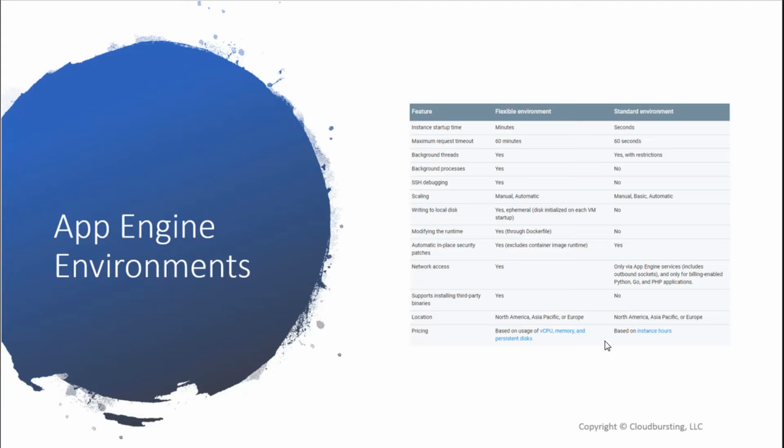With App Engine, you want to check this at the time of viewing the course and setting up App Engine, because this stuff can change pretty quickly. The maximum number of services and versions you can deploy depends on the pricing structure. If you want to deploy, for example, 5 apps, that would be considered free. But if you're going to deploy more than that, there's a charge for doing that.